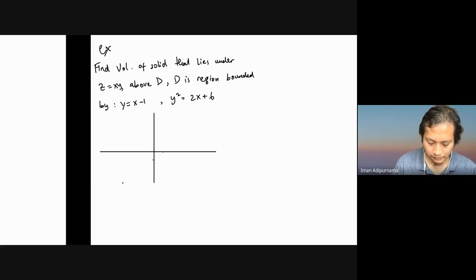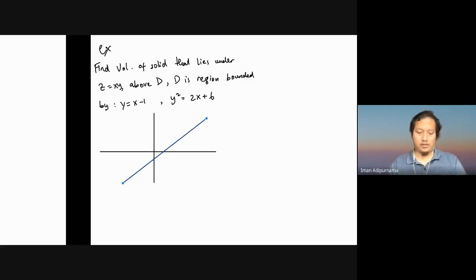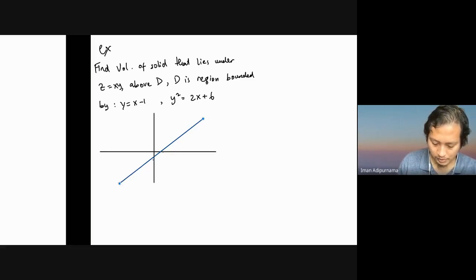Let me draw the line first. Okay, and the second curve, we have y squared, so it's supposed to be a parabola with the y-axis as the center of symmetry. Maybe around here.